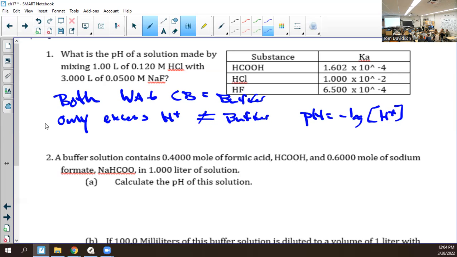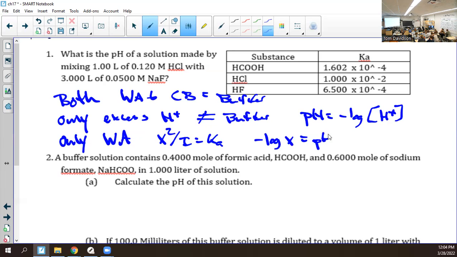Okay, be ready for only weak acid. And then that is, yep, x squared over initial equals Ka, and you take the negative log of x, which will be your pH after you solve for x. You've got to be ready for all of those.